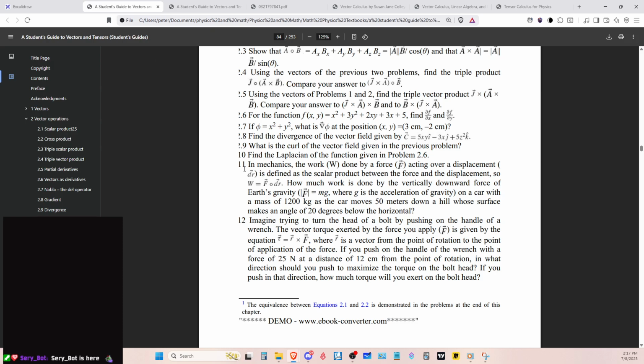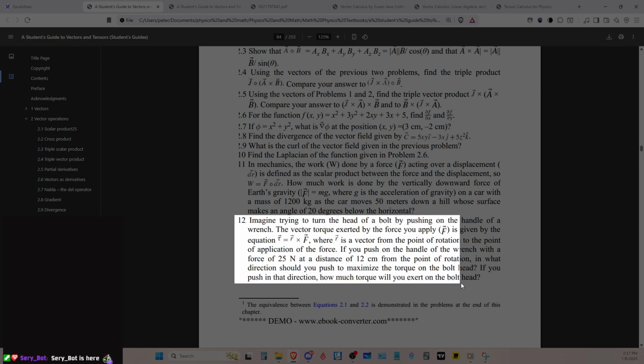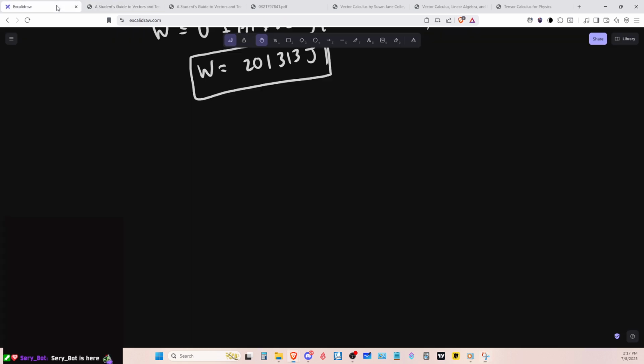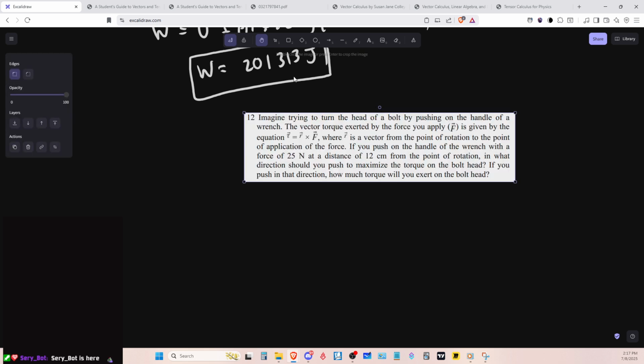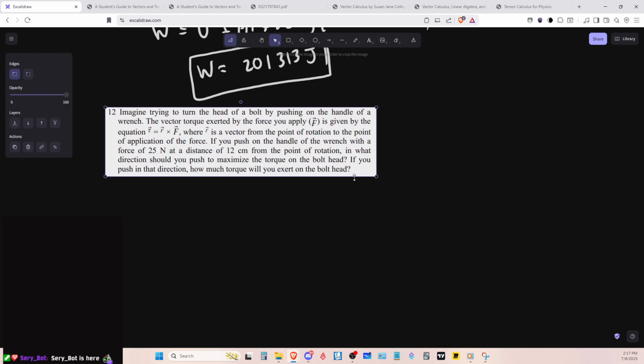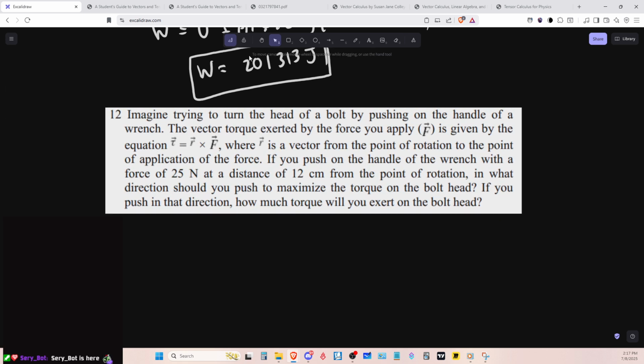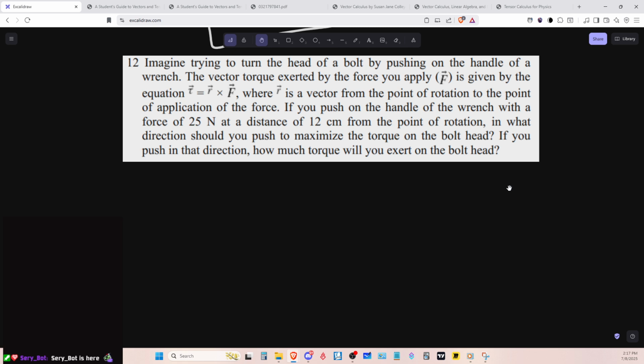What is the next one? Okay, so I think we might as well just do 12 because I think that's the last one of this whole thing. Imagine trying to turn the head of a bolt by pushing on the handle of the wrench.